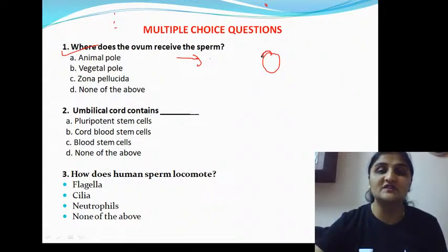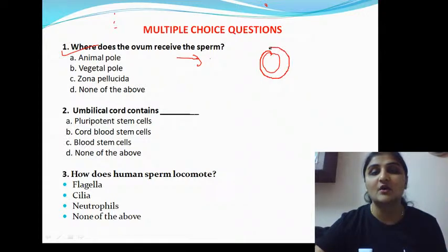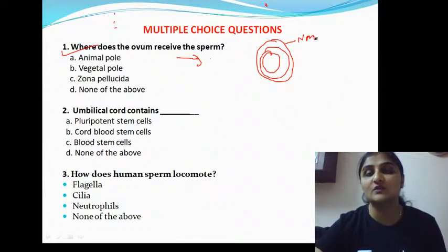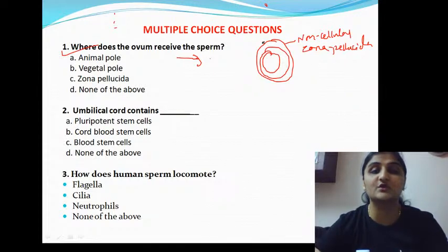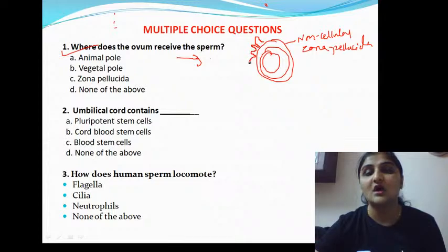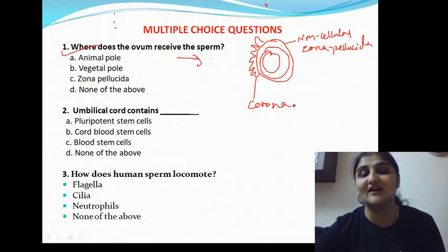The ovum has a layer called the vitelline membrane. Outside the vitelline membrane there is another non-cellular membrane, the others being cellular, which is called the zona pellucida, students. This is the structure of the ovum which you can see. Externally you can see some radiations coming outside the zona pellucida, and this is the corona radiata, students.